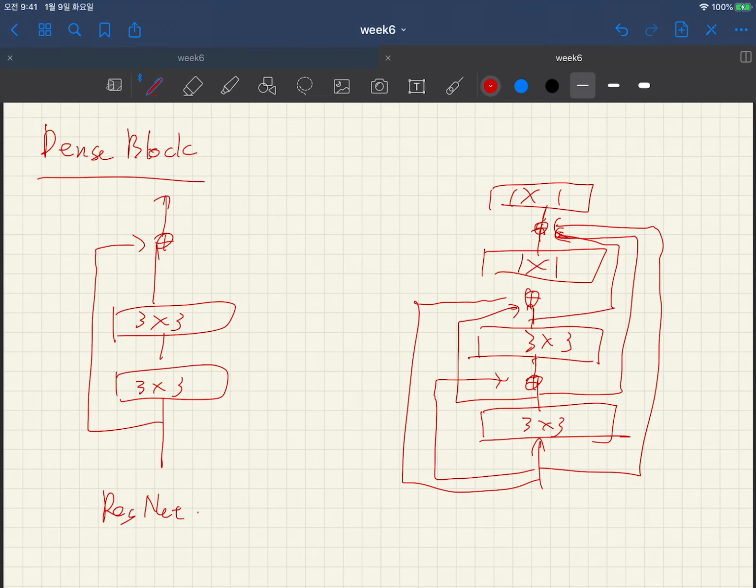So this densely connected structure can improve the performance. That is the DenseNet paper's idea. And the important thing here is that we don't use the plus operation. Instead we use the concatenation operation. Concatenation means we first write down the signal from here, for instance, in this case, the signal from here.